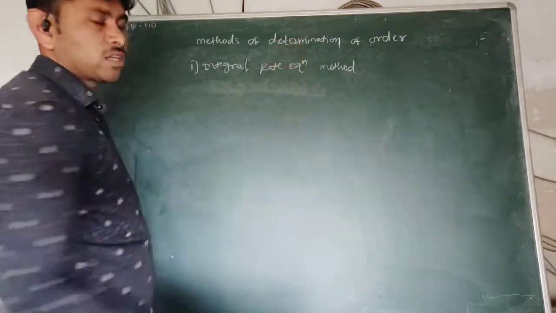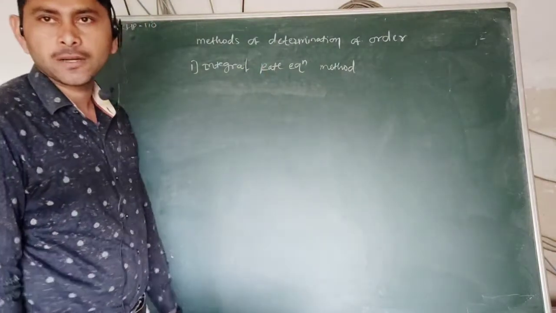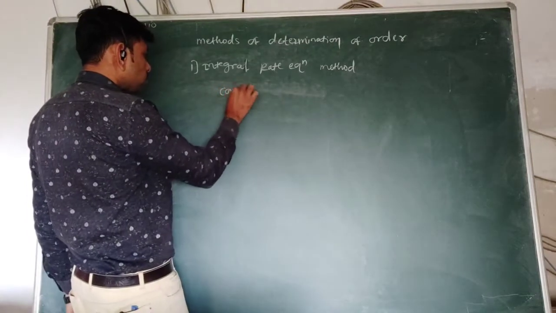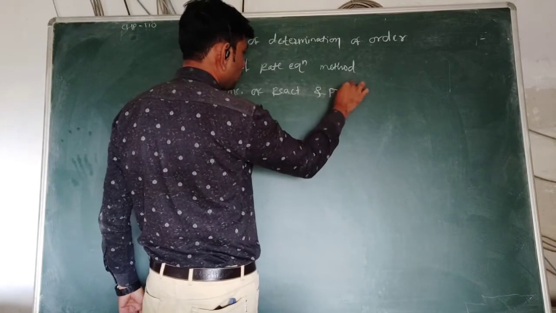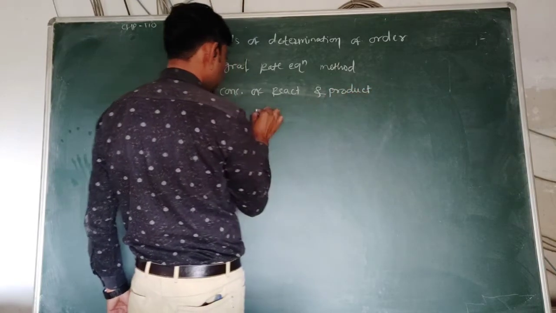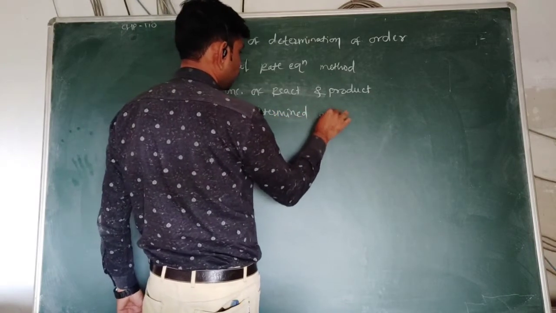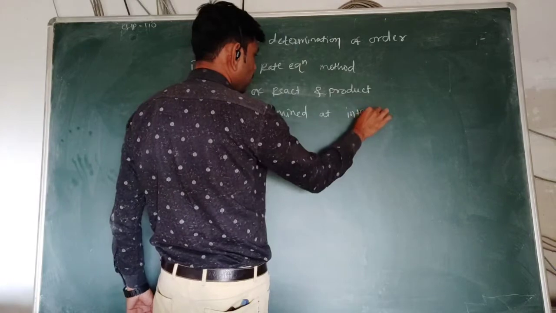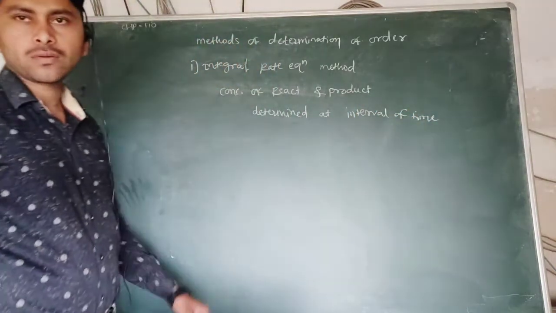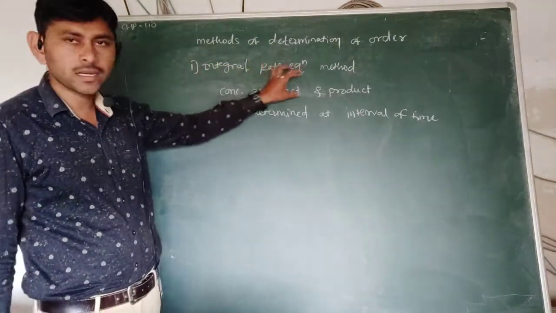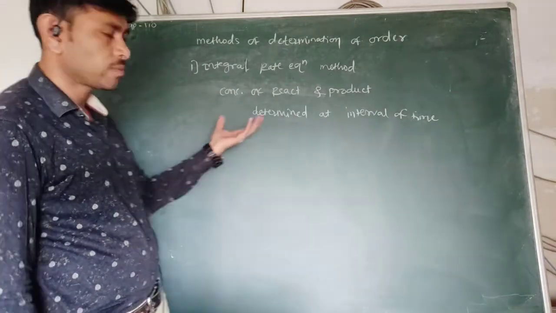See the integral rate equation first. How can we determine the order of reaction using the integral rate equation? Here in the integral rate equation method, the concentration of reactant and product is determined at different intervals of time. The concentration of reactant and product is measured experimentally by titrating it against some suitable reagent.